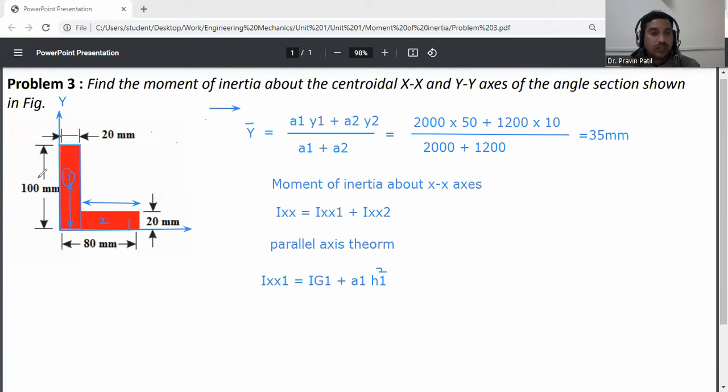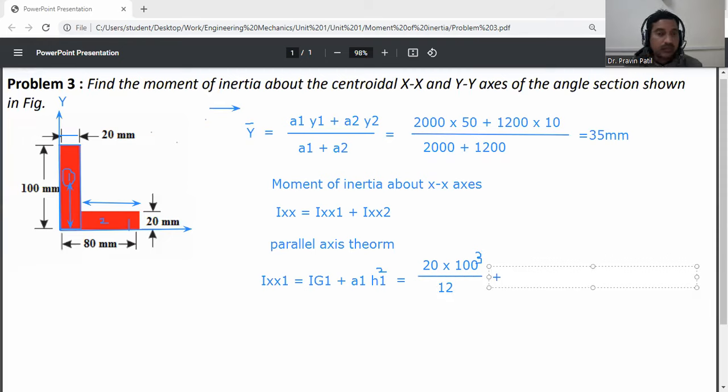So Ig1 for the first part is bd cube by 12. Okay, so the formula is bd cube by 12, where b is 20 mm and d is 100 mm. So bd cube divided by 12.